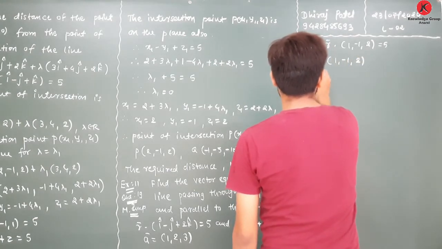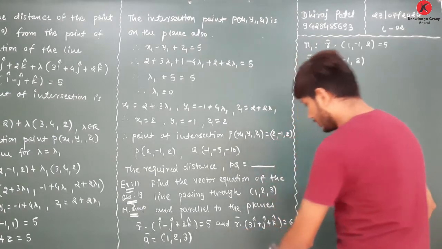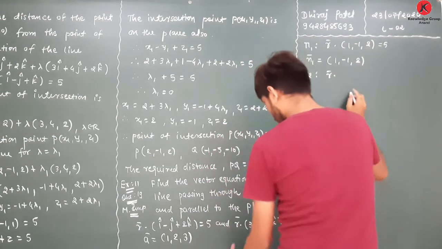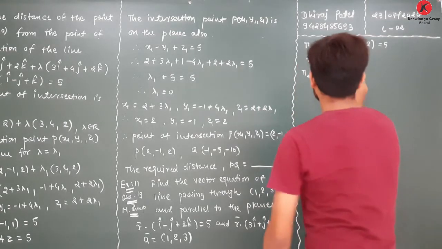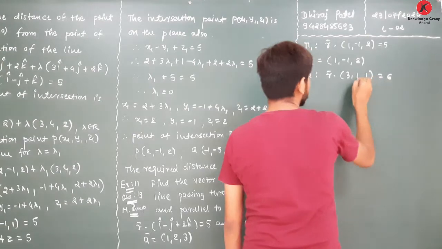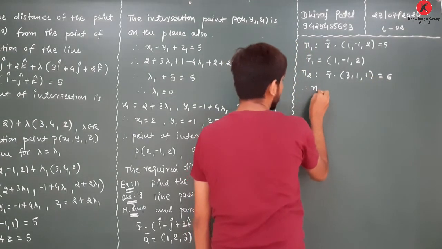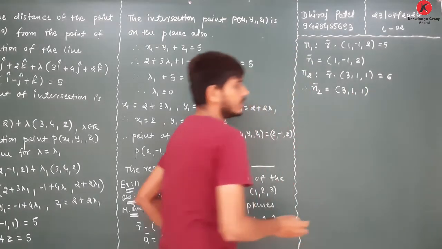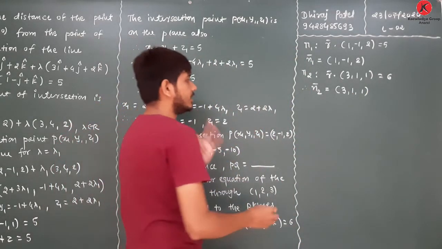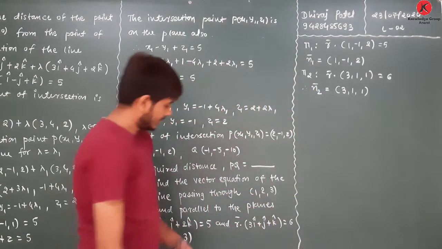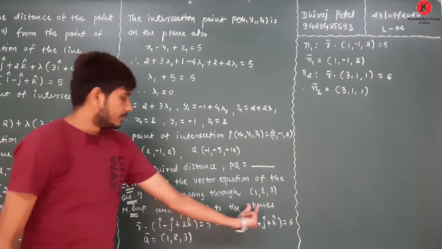And the second plane pi 2 is given here: r bar dot (3, 1, 1) equals 6. Therefore we will get n2 bar equals (3, 1, 1). Okay, now it is given that the statement લખતા શીખીએ.